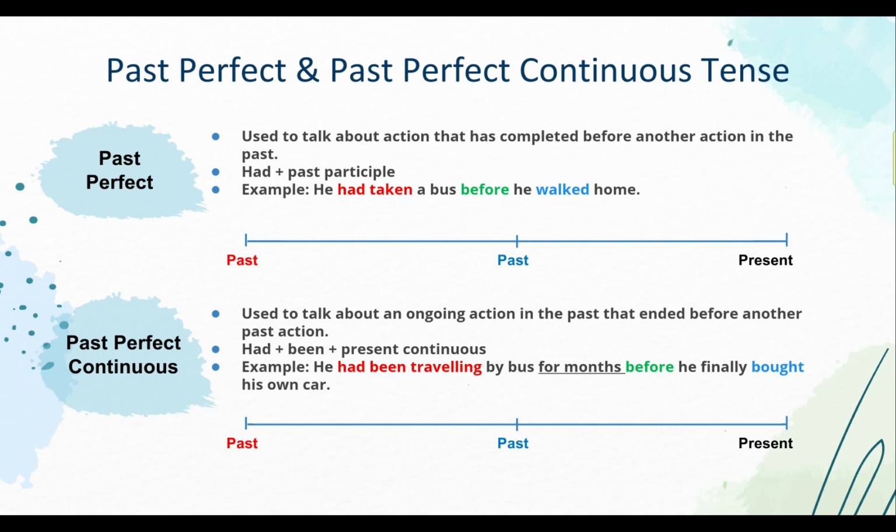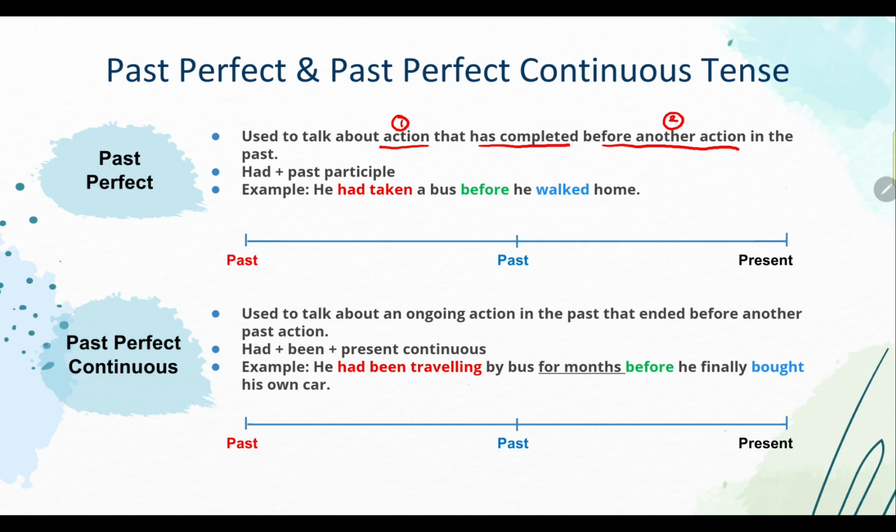So now let's move on to past perfect. Okay, what is past perfect? Past perfect is used to talk about action that has completed before another action in the past. So, there is this action and there is another action.